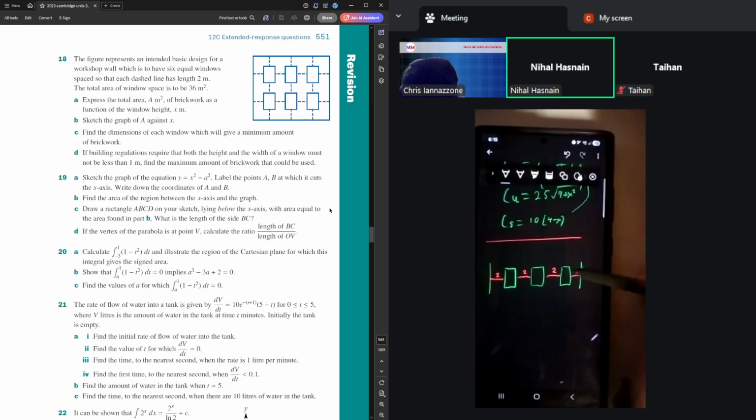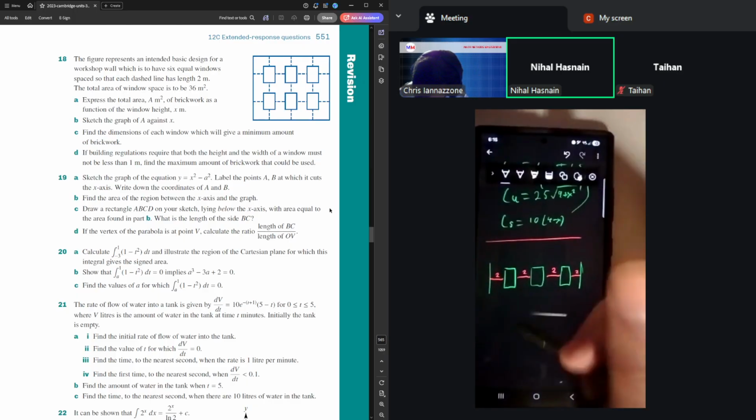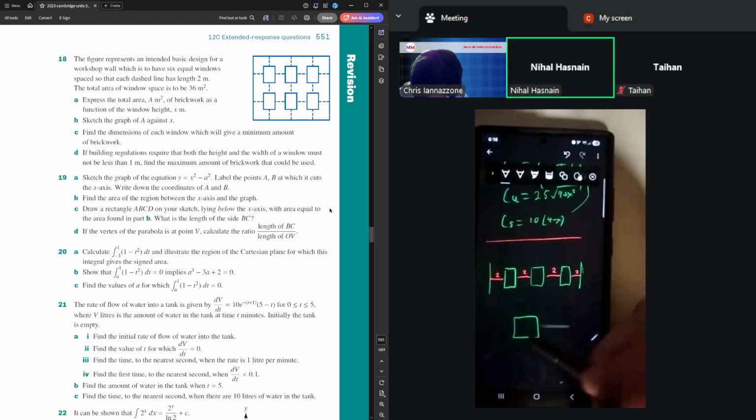I think we can visualize the area a bit easier if we do the windows together, side by side. I mean, that's not how it is, but imagine them all side by side. Sure. So on the sides there will be like 4 meters, and on the sides will be like 2 meters thick, and on top it will be 1.5 meters.